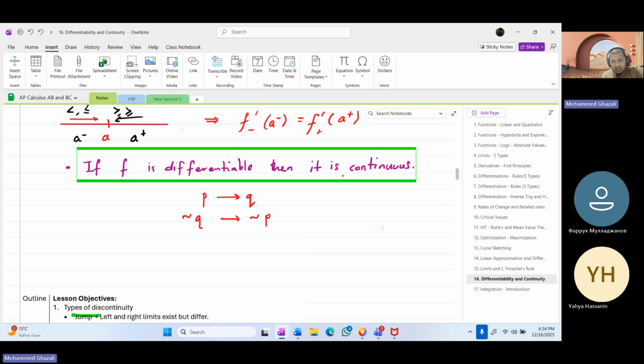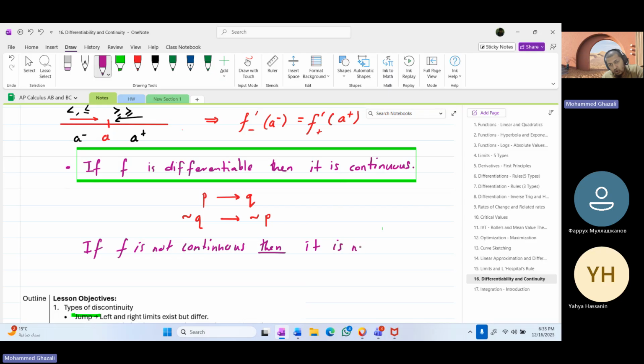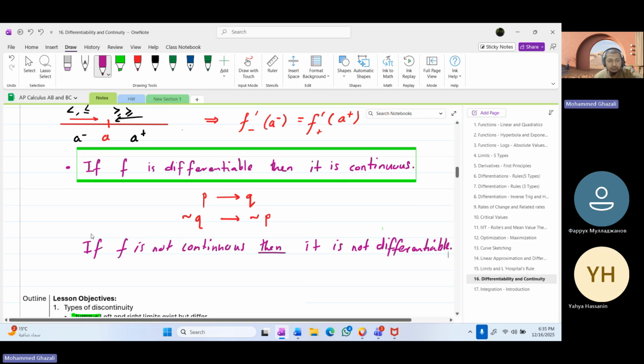Mathematically, it means if f is differentiable, that is P, then it is continuous. So if f is not continuous, then it is not differentiable. That makes sense. It's not reversible.